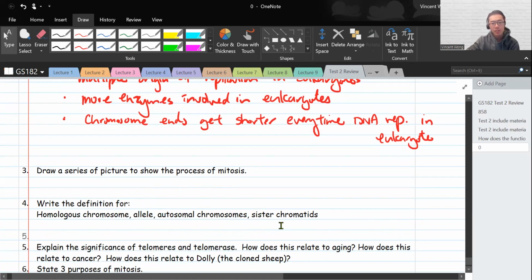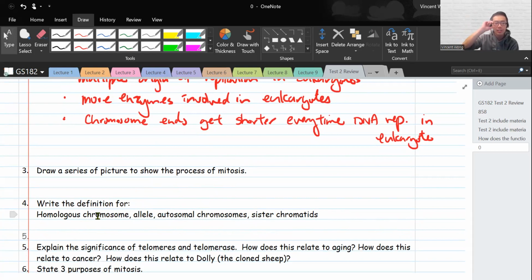Some of the things that you should know the definition for. Homologous chromosomes are the chromosomes that are the same length, same size, with genes in the same order. You get one from each parent. Alleles are different versions of a gene. Big B, small b, those are different alleles, right? Autosomal chromosomes are chromosomes that determine all your traits except for your sex.